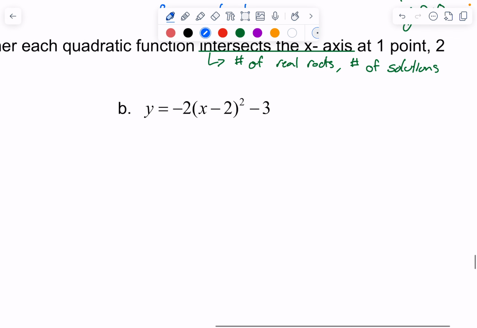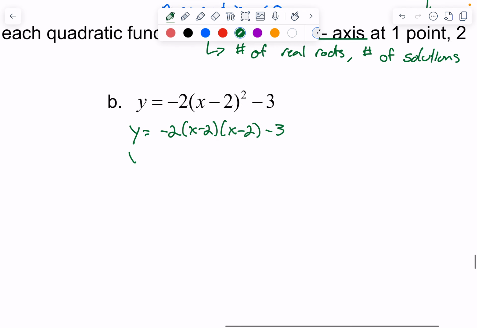Again, I'm giving you this in vertex form, so let's put it into standard form. We need to know our A, our B, and our C. So this is rewritten as y is minus 2, x squared minus 4x plus 4, minus 3.